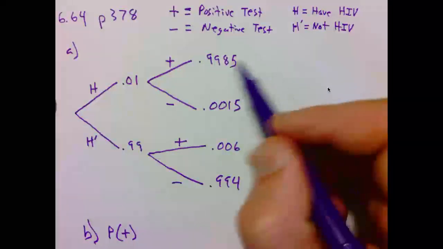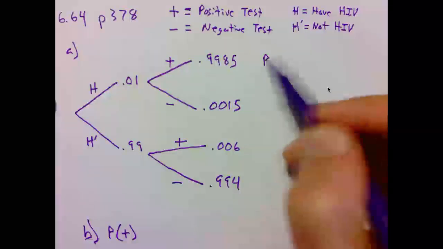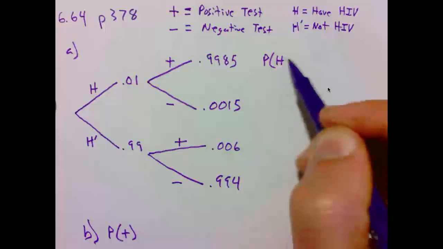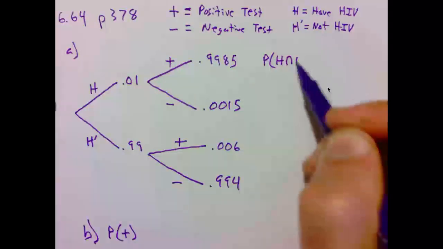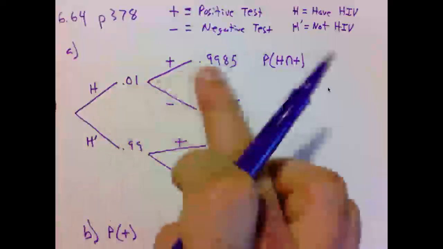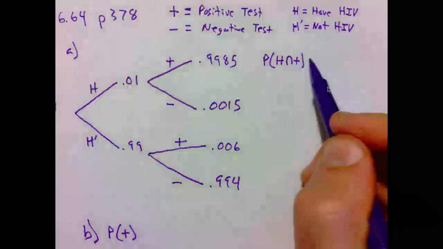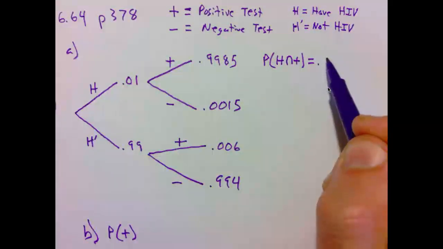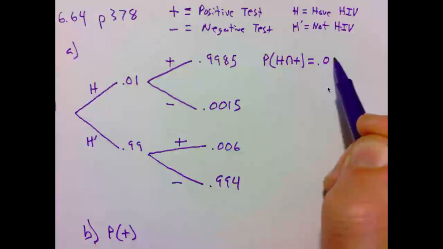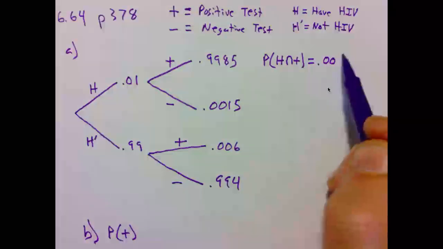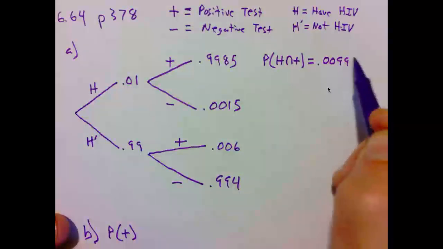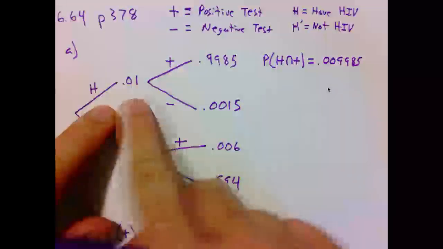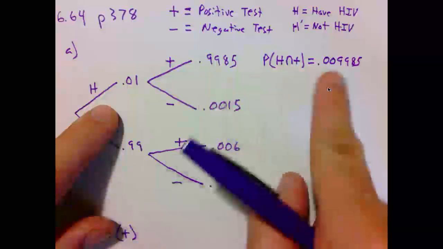That's this result here. The probability that you have HIV and your test is positive is simply the product of those two. This is equal to 0.009985. It is simply the product of 0.01 and 0.9985.